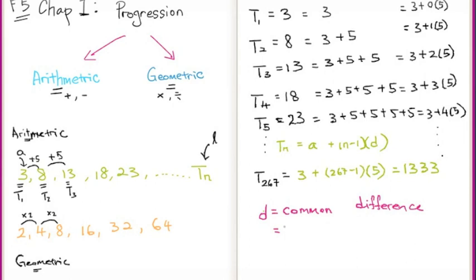So to do that, you need to verify it by T2 minus T1. See if it is the same as T3 minus T2. This is important, mandatory, it's compulsory to verify that.